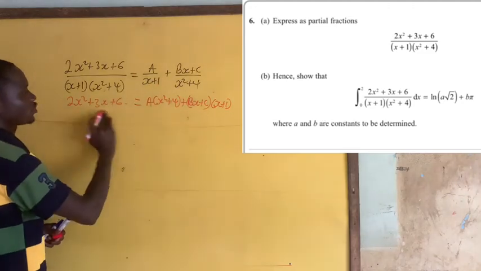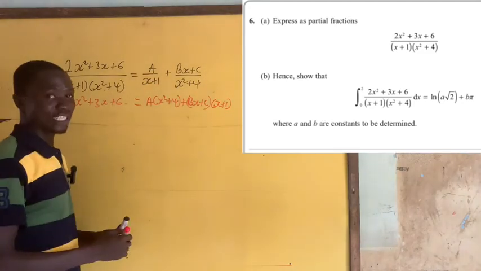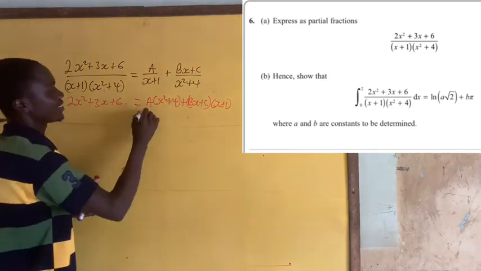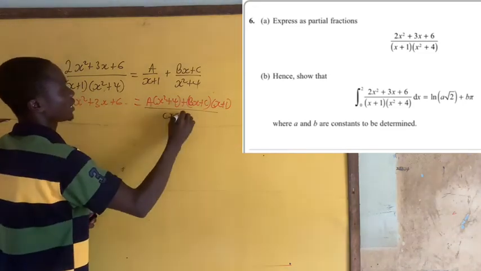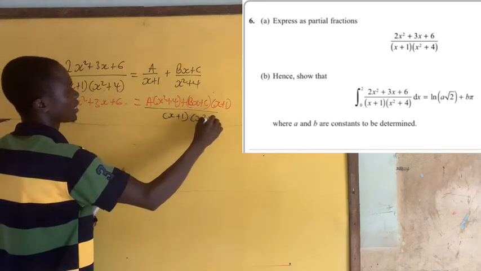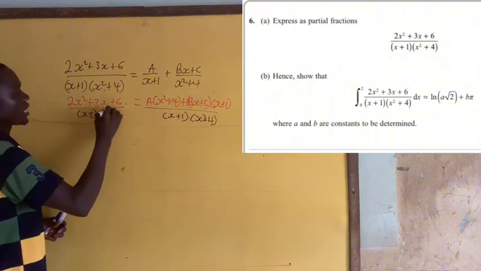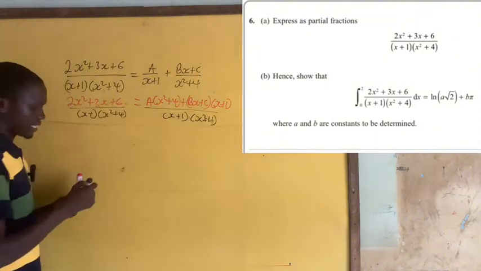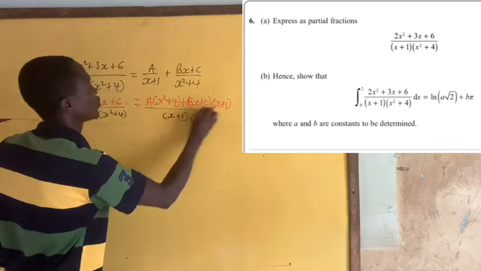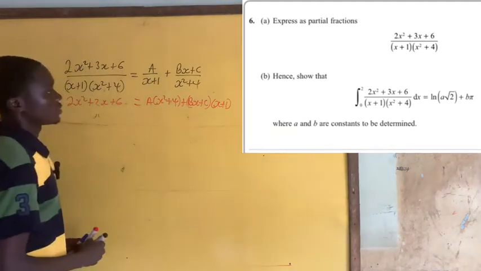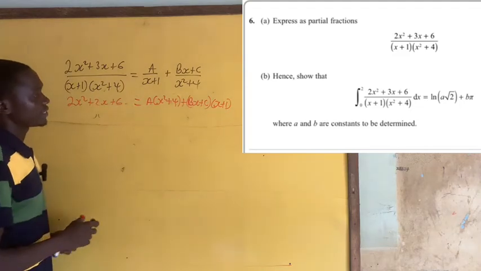So the denominators will be the same, and we can ignore the denominators. Now we need to solve for A, B, and C.